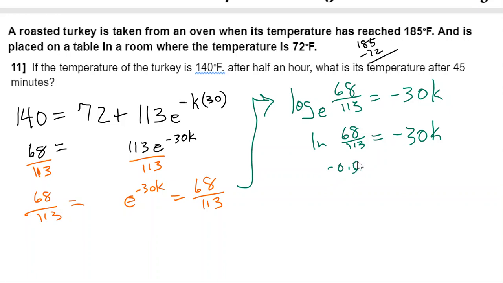Negative 0.5788. And so I divide that by negative 30. 0.016929. So that's what we're going to use for K.